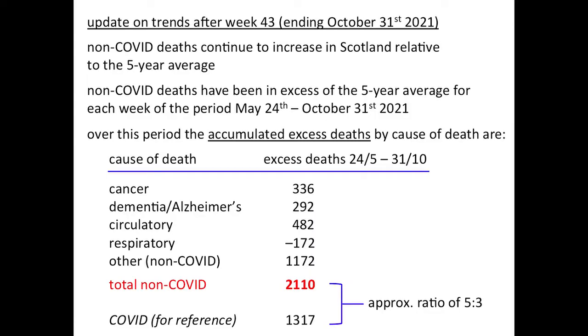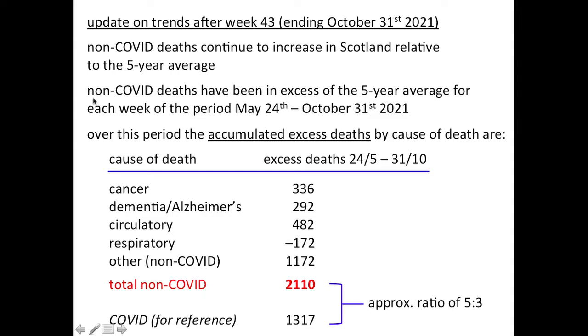Let me now summarize that analysis. In particular, I want to pull out some key figures relating to that period, weeks 21 to 43, concerning excess non-COVID deaths. In summary then, we have shown that in this update, non-COVID deaths continue to increase in Scotland relative to the 5-year average.